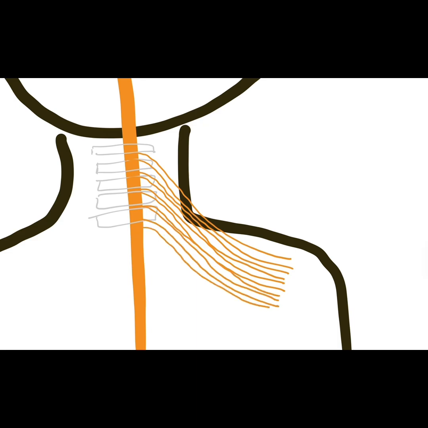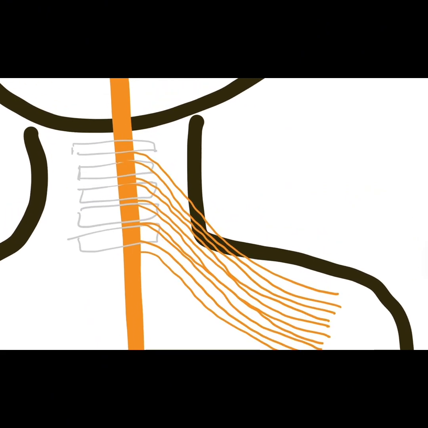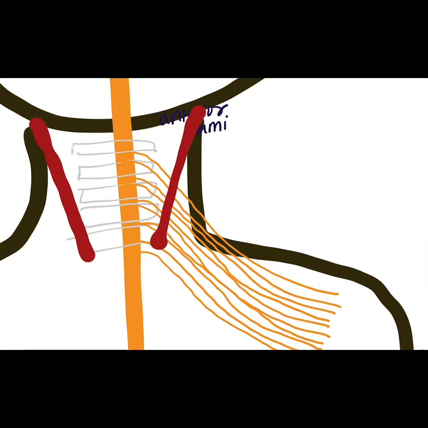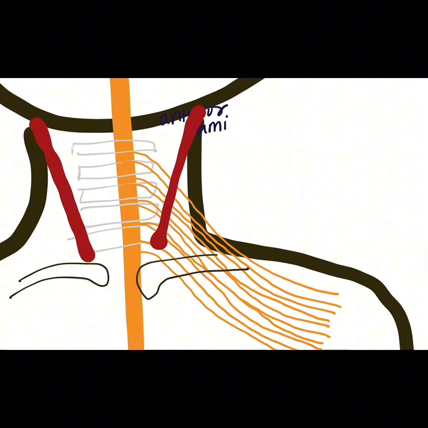There you go. So just to remember, our brachial plexus is a combination of the anterior rami, okay? Not the posterior rami. Let me draw here the SCM or the sternocleidomastoid, and we have the clavicle. Now, these are important because they are the borders of the triangles of the neck.